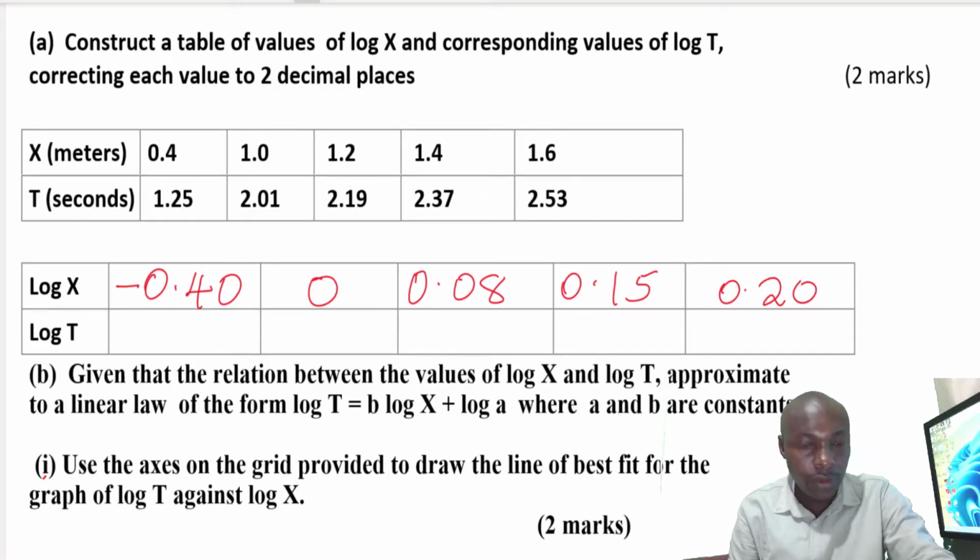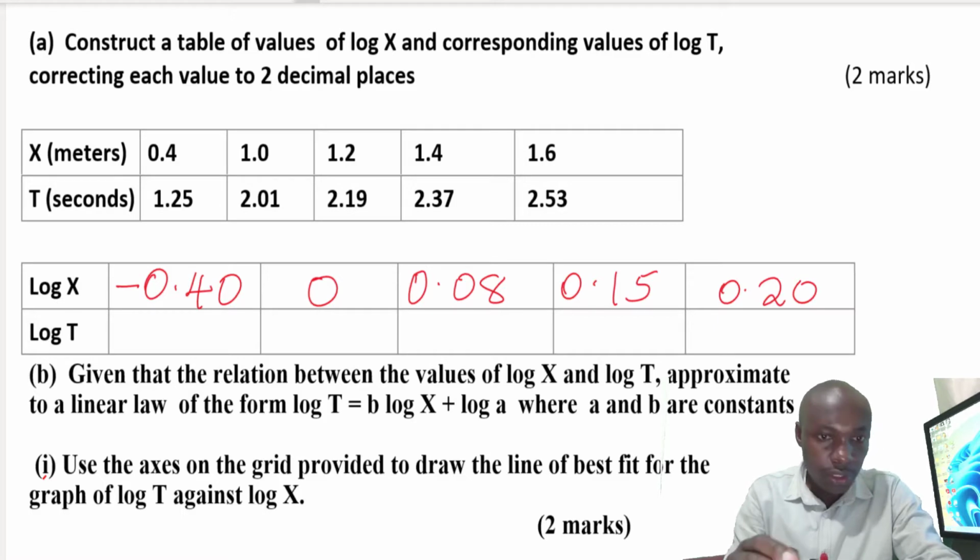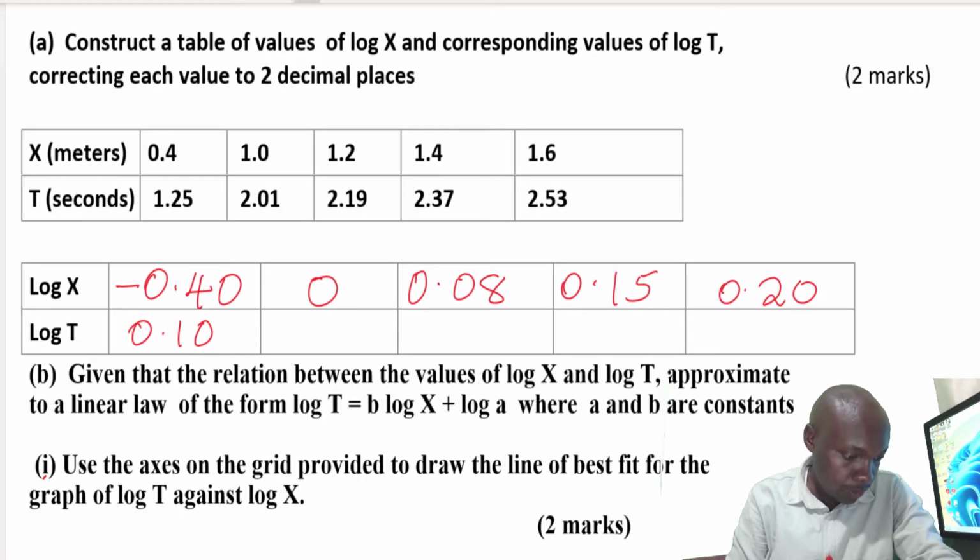So logarithm of t. The first one is logarithm of 1.25, which is 0.10. Logarithm of 2.01 is 0.30.